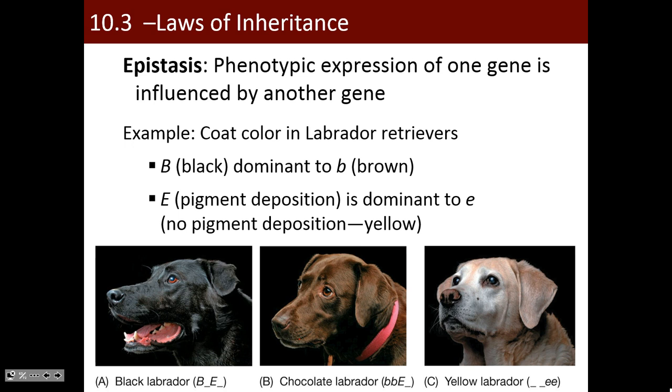If you have 2 copies of the recessive allele for coat color or for expression, then it doesn't really matter whether you make brown pigment or black pigment. None of the pigment gets deposited in the hairs. And so a yellow lab is actually the absence of pigment deposition. The hair cells are empty of pigment, and so they appear yellow or white.